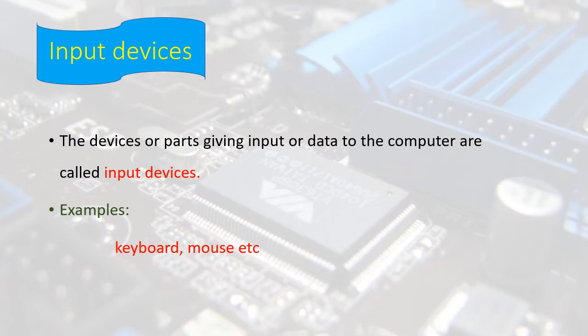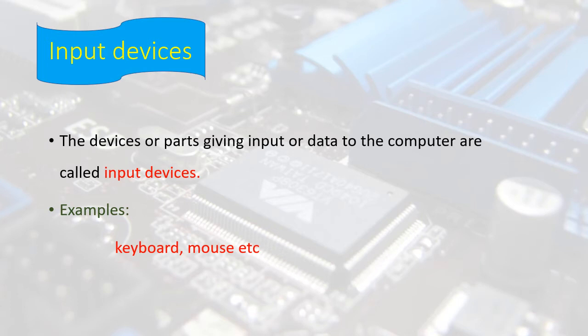The devices or parts giving input or data to the computer are called input devices. Examples are keyboard, mouse, etc. Now you just imagine you need to type your name on a computer.